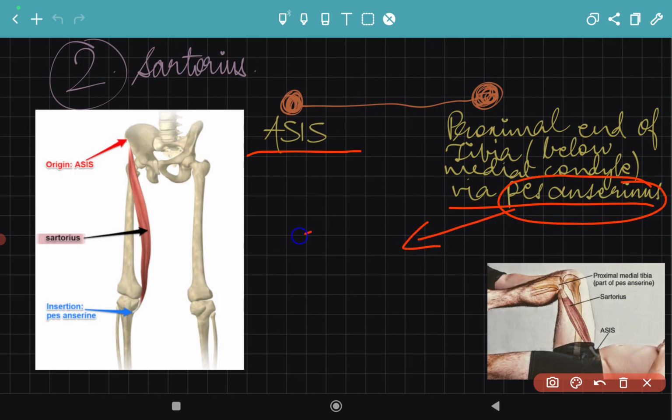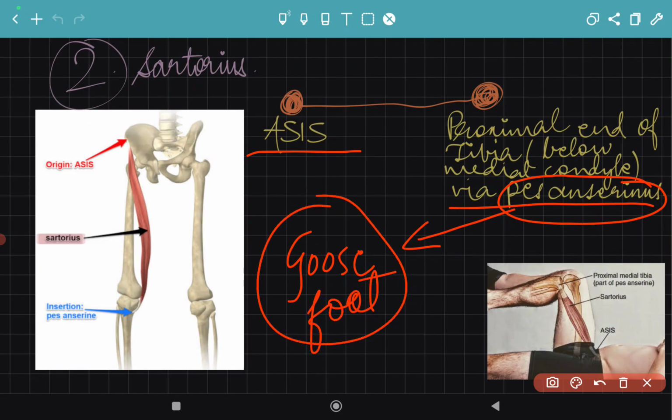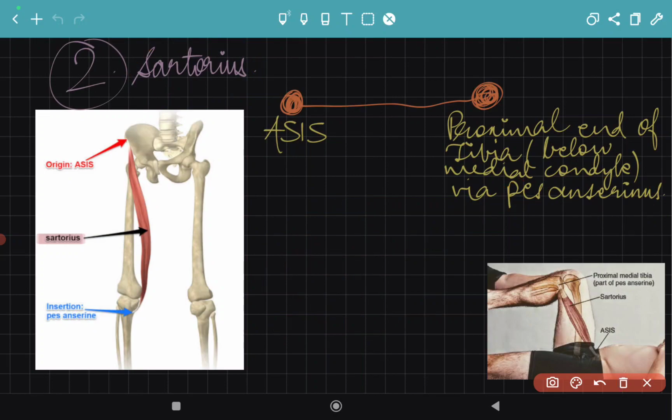Pes anserinus is also known as goose foot. We'll study later. It is the common insertion, common tendon inserting of certain muscles. One we saw is the sartorius. We'll discuss in detail about it later. So this was about sartorius muscle.